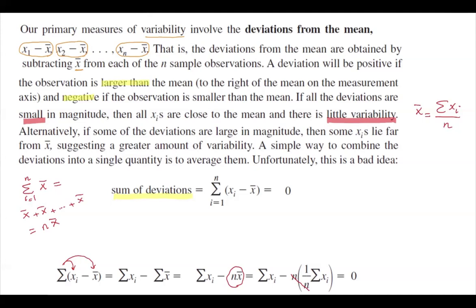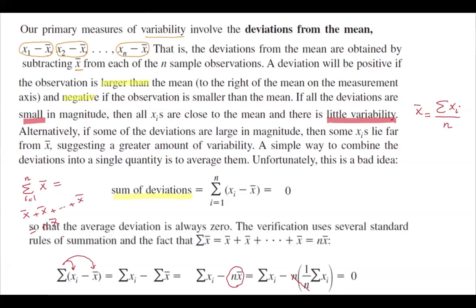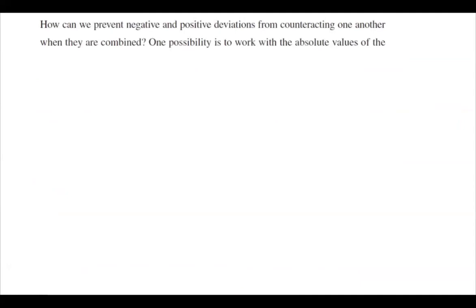To remedy this, we're going to do a little bit of adjustments and algebra. To prevent negative and positive deviations from canceling out each other, what possibility is to use the absolute value?